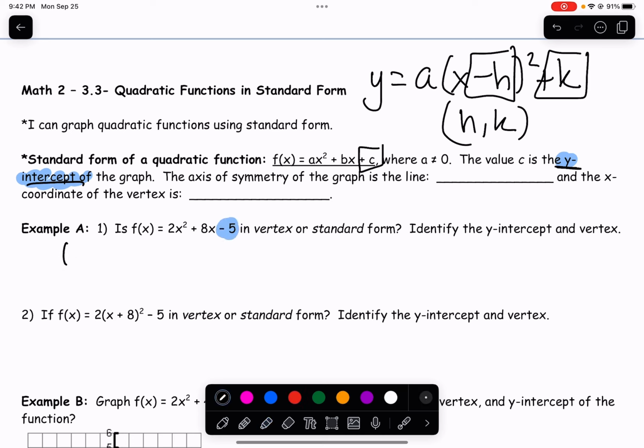So our y-intercept here would be (0, -5). That is one of the biggest things that standard form is good for: it directly gives you the y-intercept of your graph. Now, while the vertex isn't in your face like it is in vertex form, you can still find it quite easily.